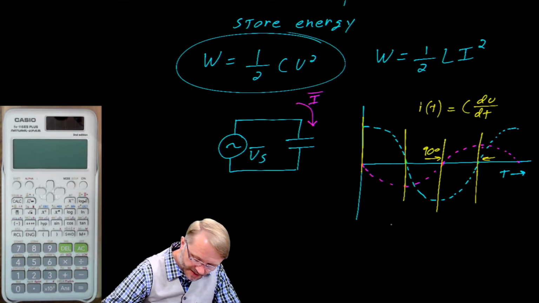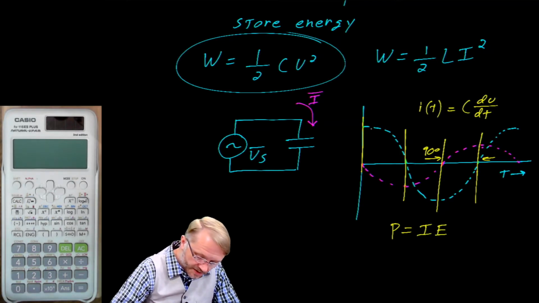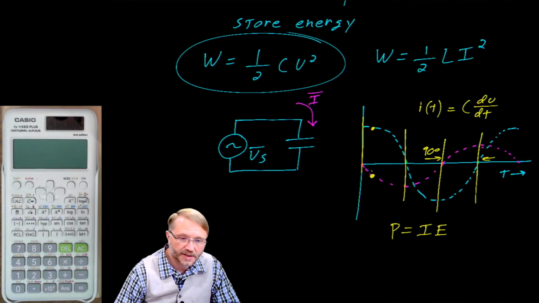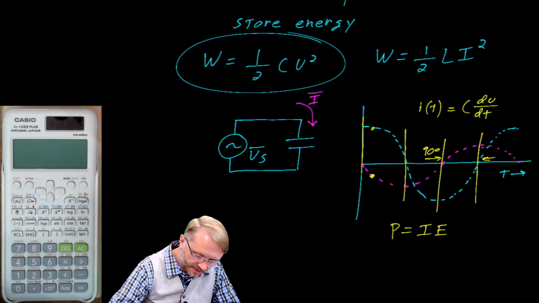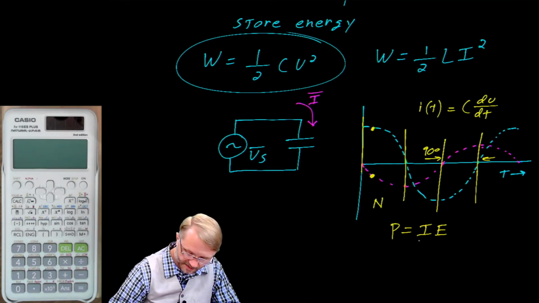Something I'd like to draw your attention to. Remember that power is a current times a voltage. On this graph, we have current and voltage, and we can calculate the power at any given instant in time. For example, here we have positive voltage, negative current. We would say the power is negative, right? When you put the signs together, you end up with a negative.